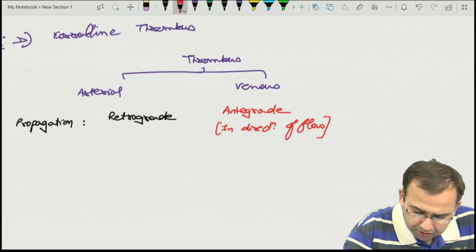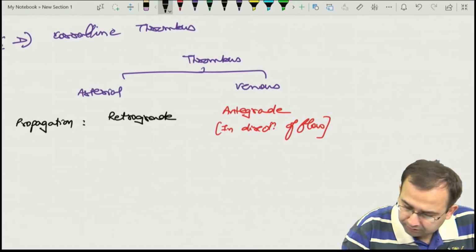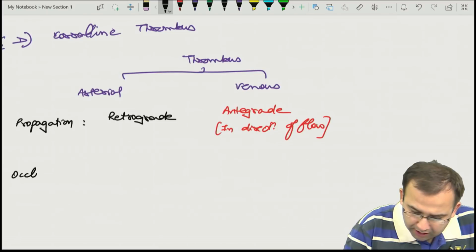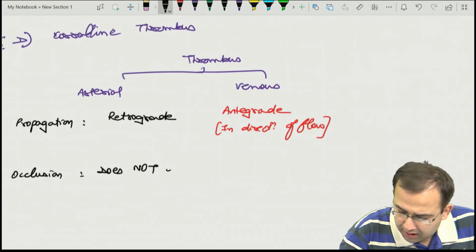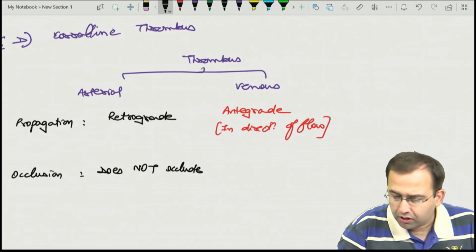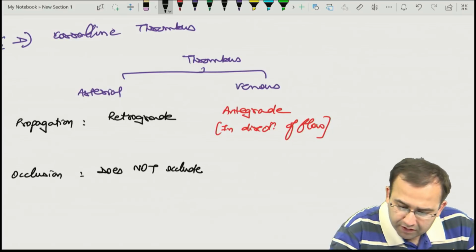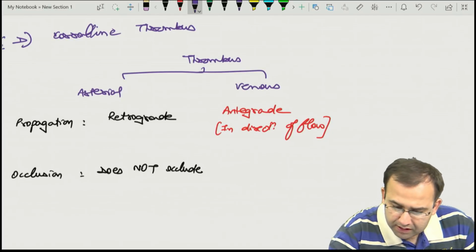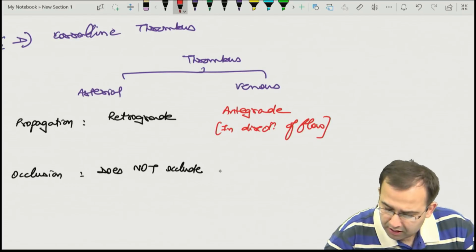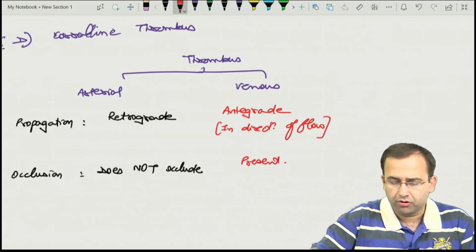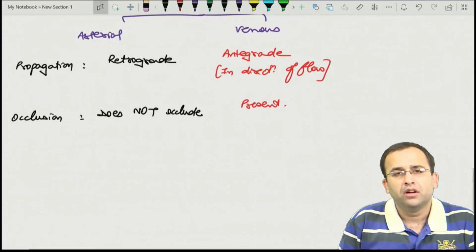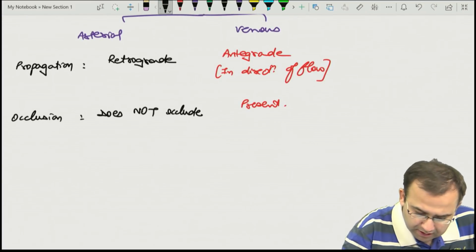Next point, occlusion. Arterial thrombus usually does not occlude the blood vessel, versus venous thrombosis, in which occlusion is usually present. Next point, sites.